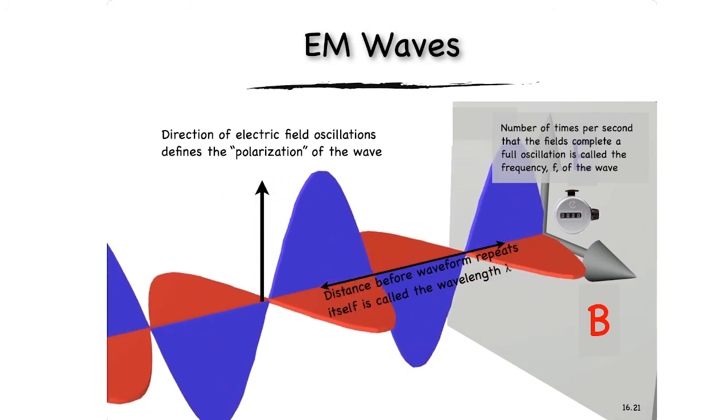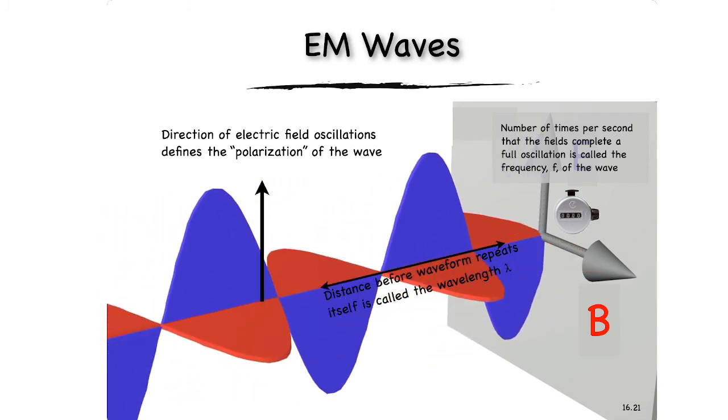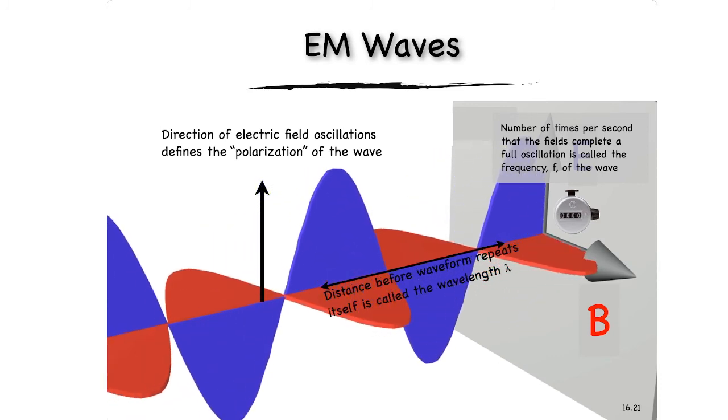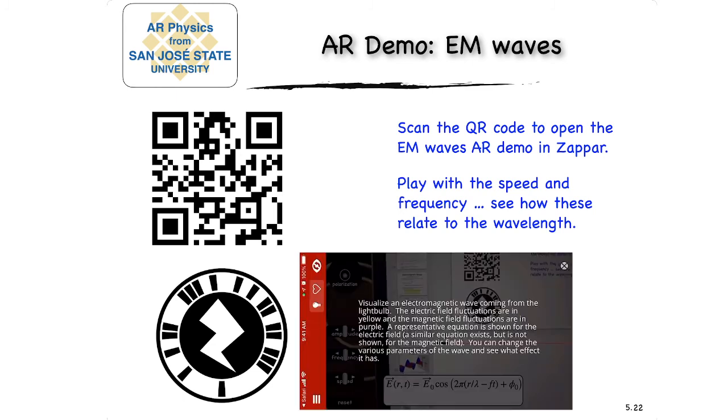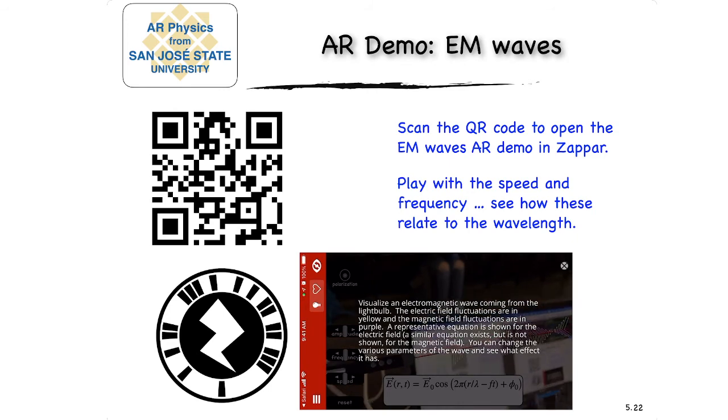Okay, so what I'd like you to do is have a chance to play with these parameters. So you can pull out your phones and scan this QR code, and that will bring up a little AR module here.